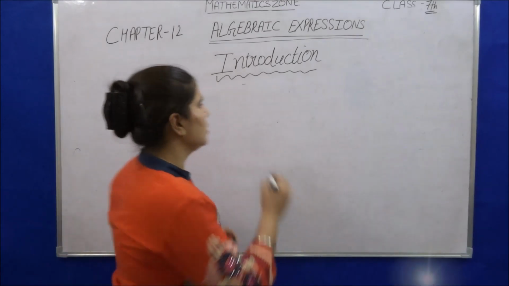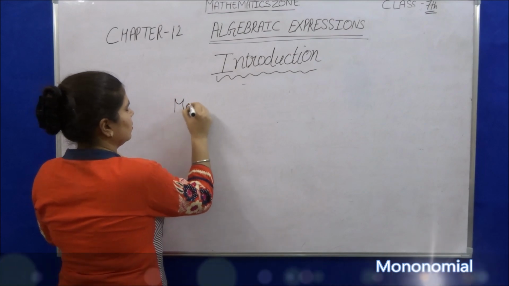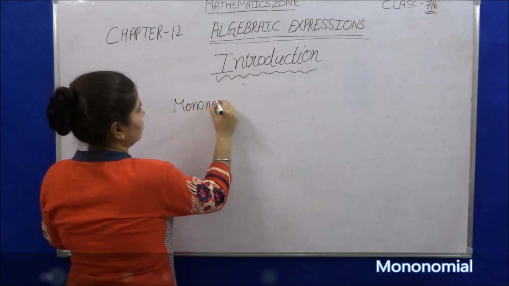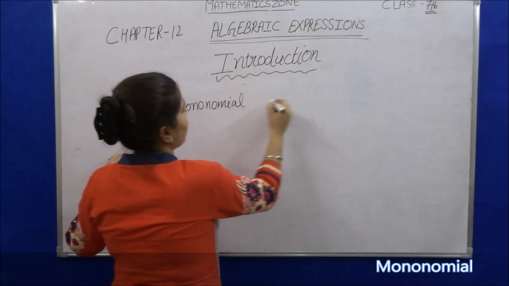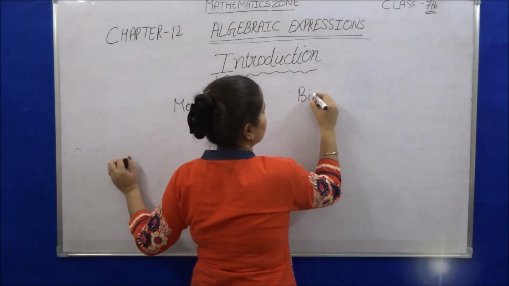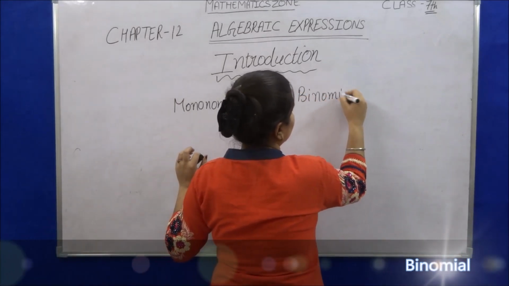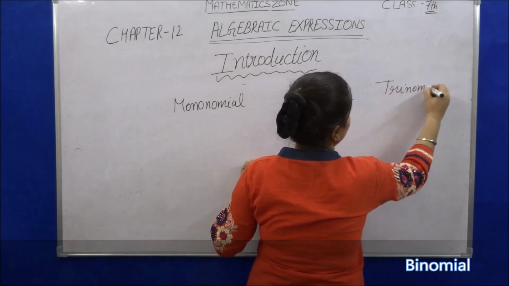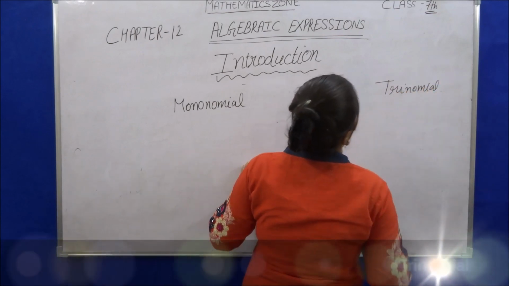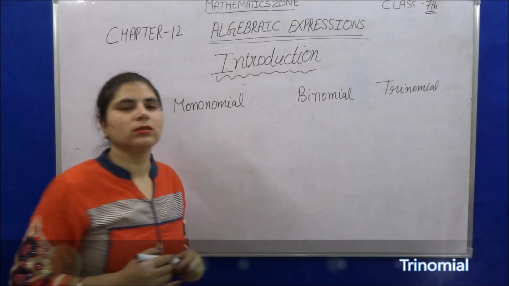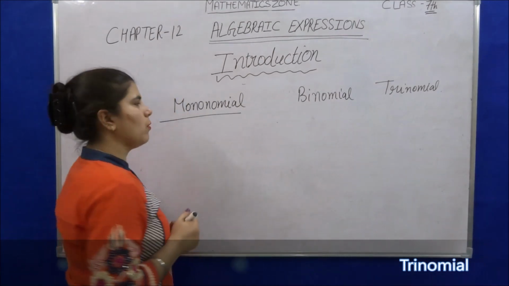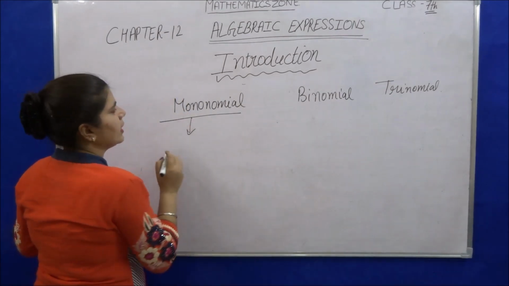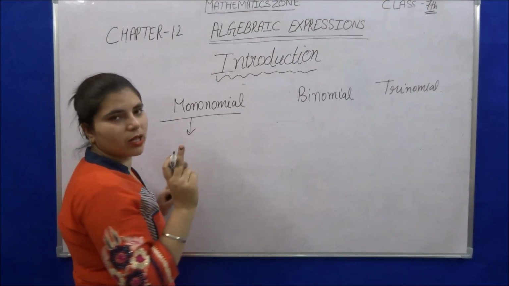Now next are monomial, binomial and trinomial. Monomial means an expression which has only one term.